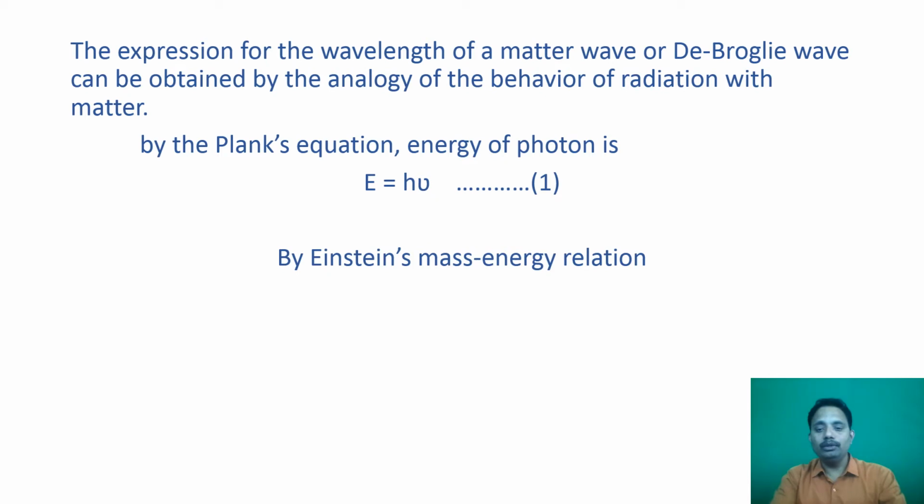Next is Einstein's mass energy relation, the very famous equation E is equal to mc square. Suppose this is equation number 2 and E is equal to h nu is equation number 1.